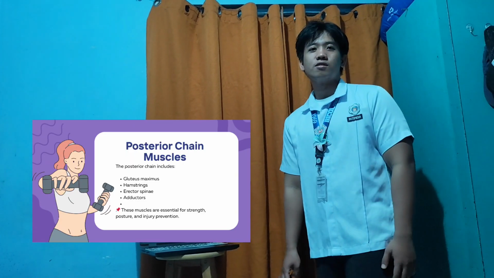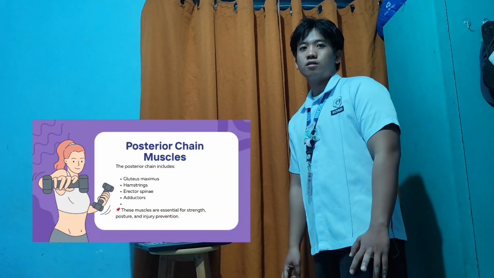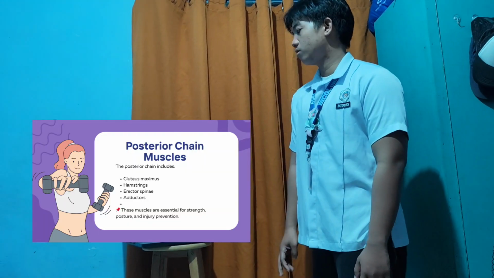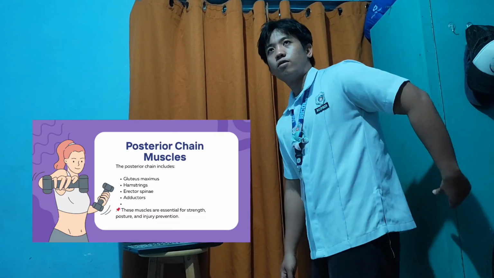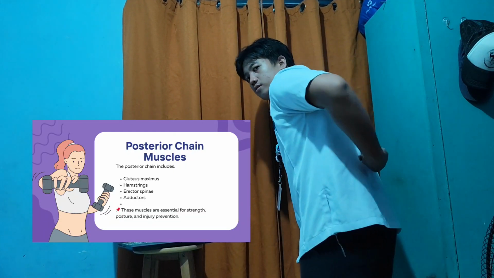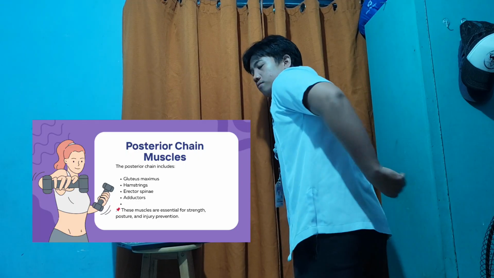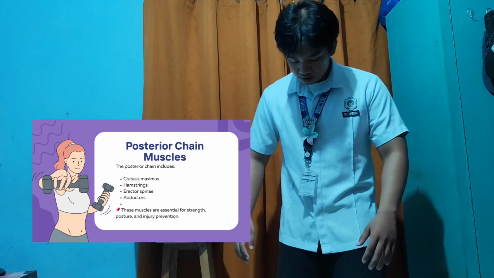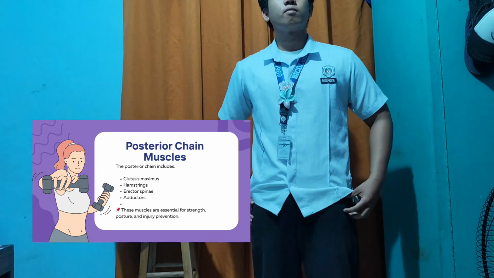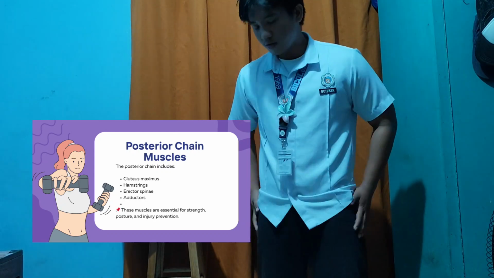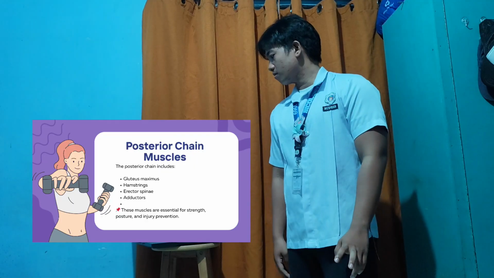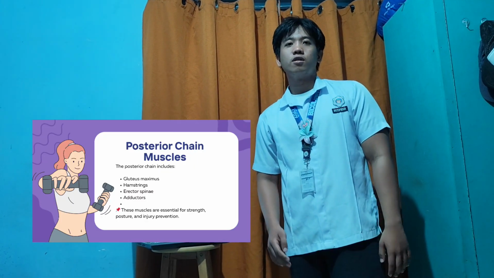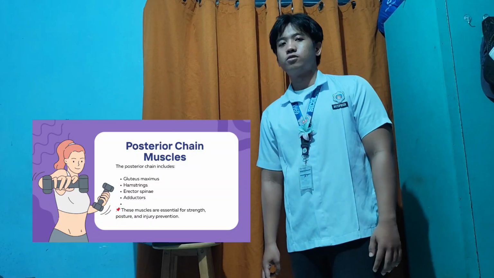The next one is hamstrings, located at the back of the leg, and the erector spinae, which is located from the lower back, which is this one, and lastly adductors, which is located near the quadriceps. These muscles are essential for injury prevention, strength, and posture.